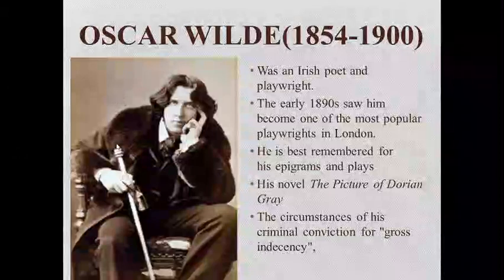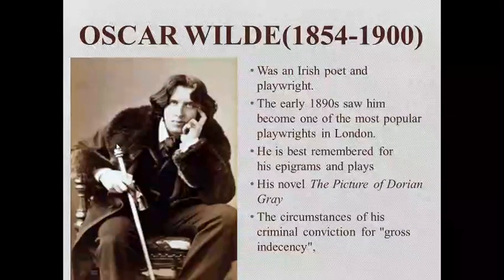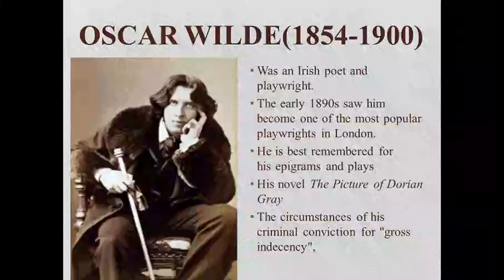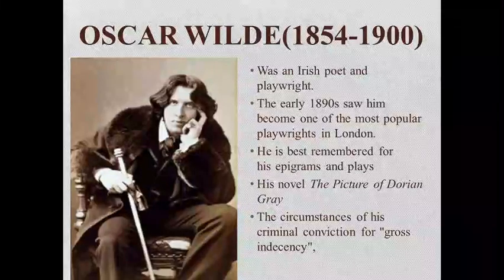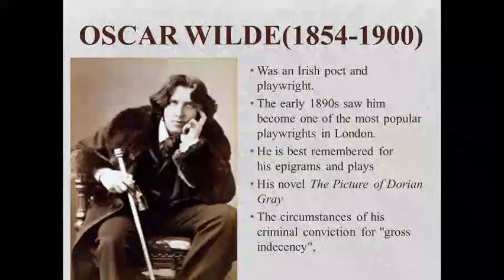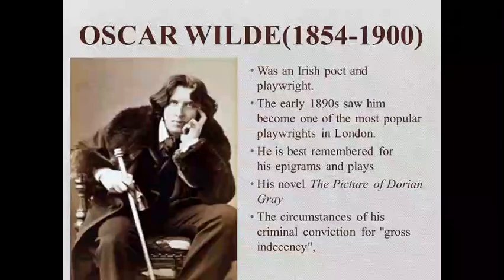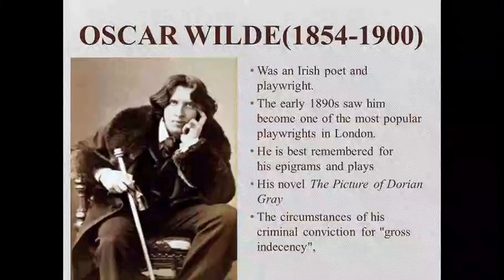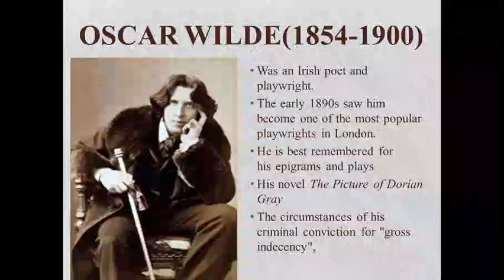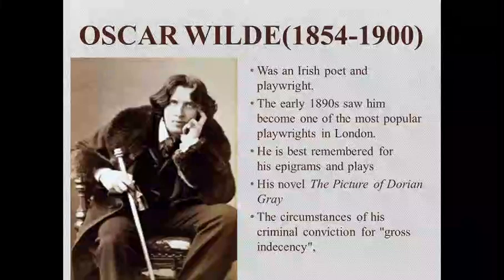So, Oscar Wilde was an Irish poet and playwright, and after writing in different forms throughout the 1880s, the early 1890s saw him become one of the most popular playwrights in London. He's best remembered for his epigrams and plays, and his most famous novel, The Picture of Dorian Gray.